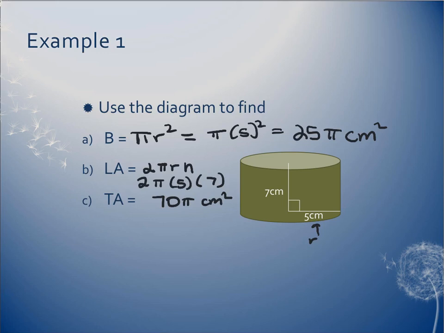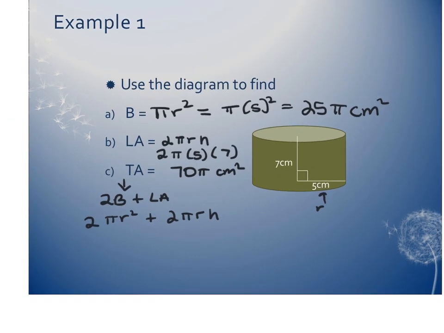And now lastly, for total area, again, remember it's 2 times the base area plus the lateral area. So 2 pi r squared plus 2 pi r height: 2 pi r squared, 5 squared, 2 pi, 5, 7.